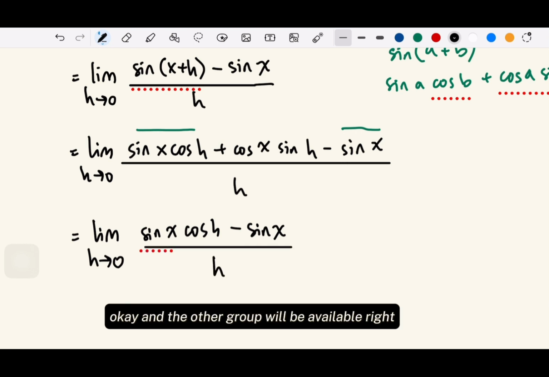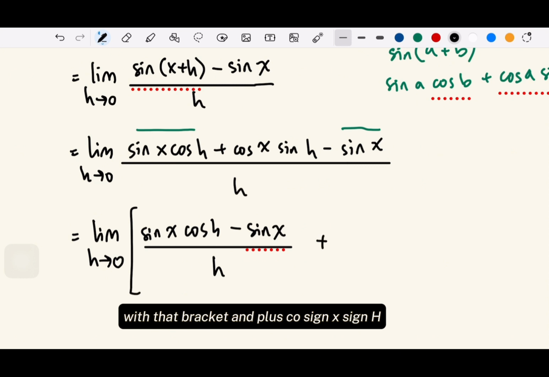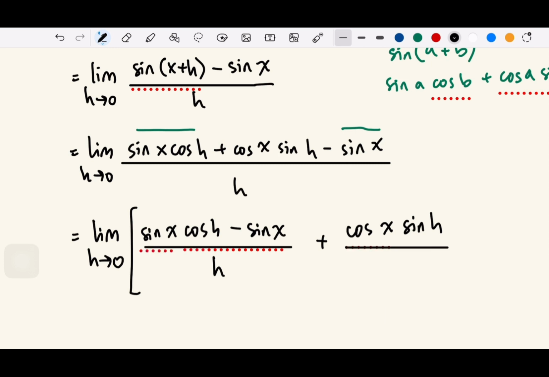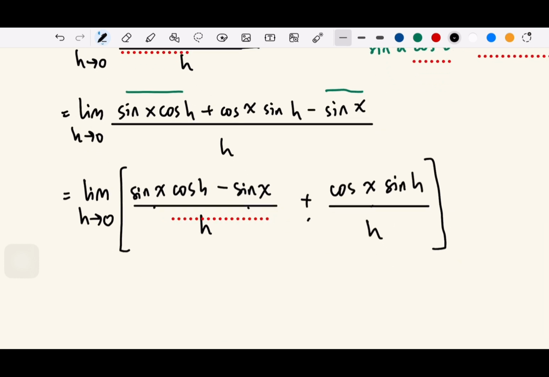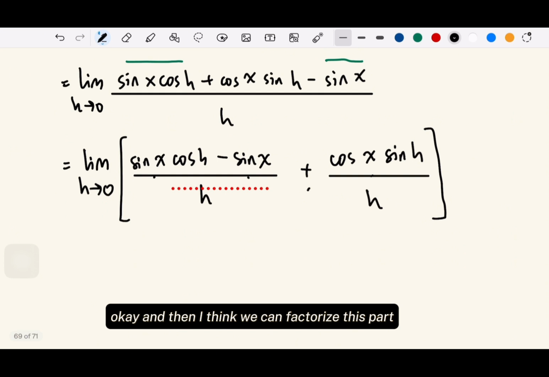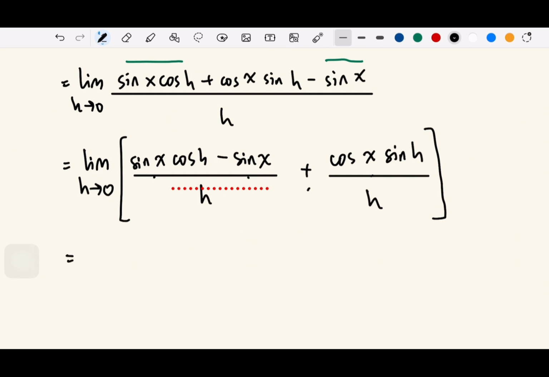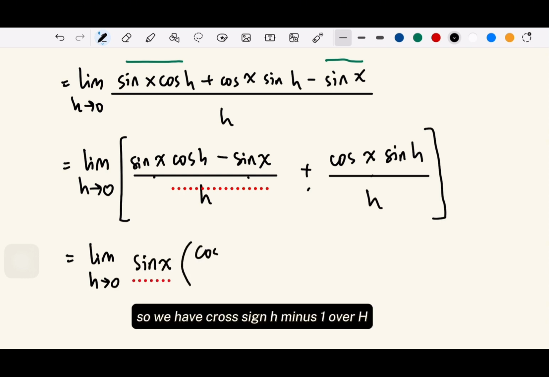Okay, and the other group will be, let me write with that bracket, plus cosine x sine h. Okay, and then I think we can factorize this part. So we have cosine h minus 1 over h.